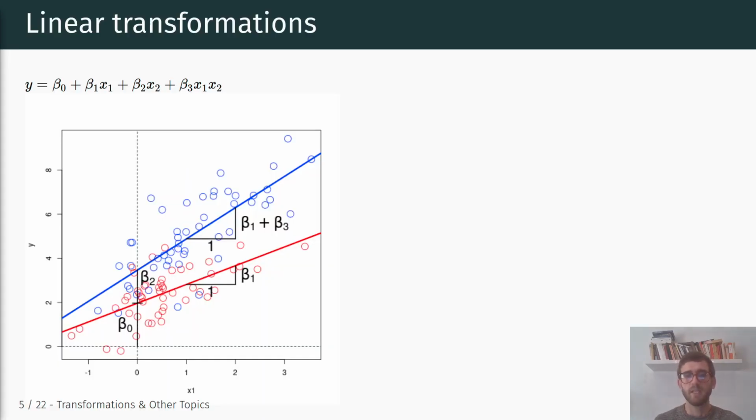step by step. So the first thing we want to review again, and we talked about this in past videos and even in the last semester for a little bit, is linear transformations, particularly in the context of interactions. Okay.